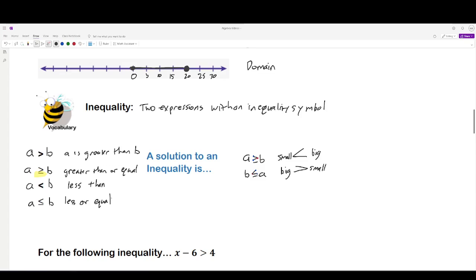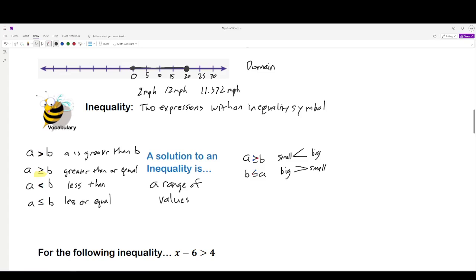So solutions to inequalities are not a single number. They're a range of values, meaning every inequality has infinitely many solutions. In our problem up above, I could be going 2 miles per hour, I could be going 12 miles per hour, but I could also be going 11.372 miles per hour.